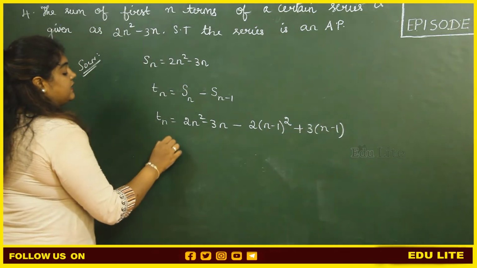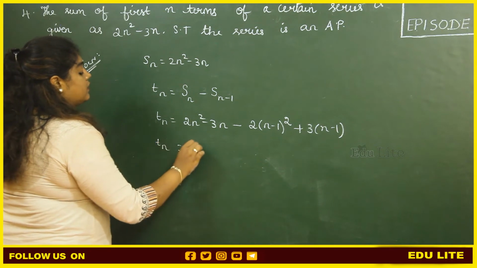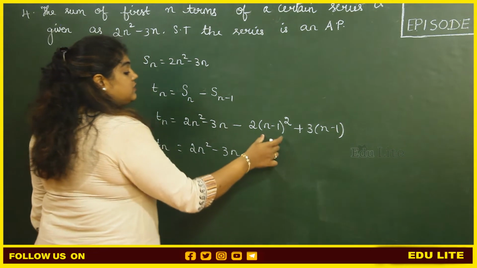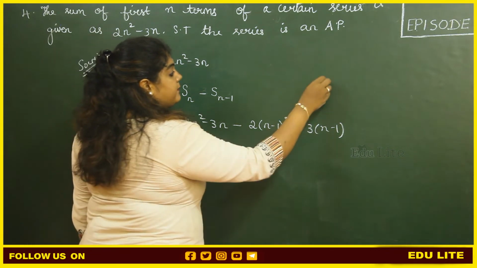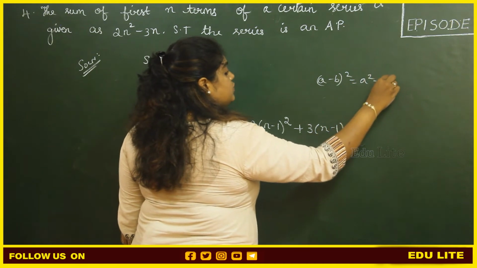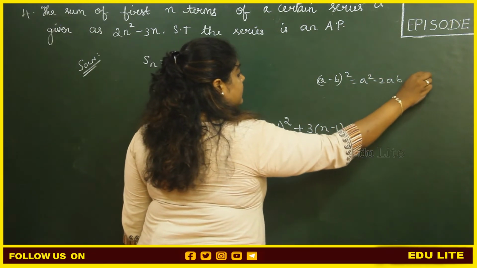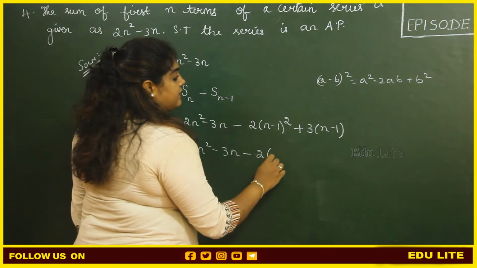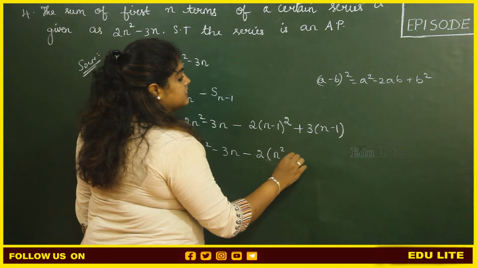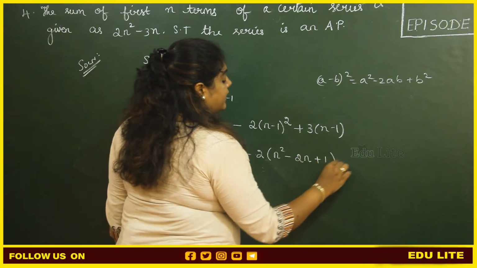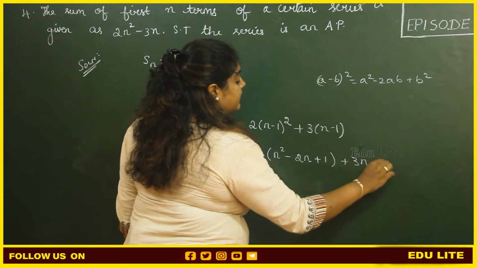Therefore, Tn equals 2n squared minus 3n minus 2 into this, which we will expand using the formula a minus b whole square, which is a square minus 2ab plus b square. The value of a here is n and the value of b is 1. Therefore n square minus 2 into a into b, 2n, plus b square, 1 square, plus 3n minus 3.